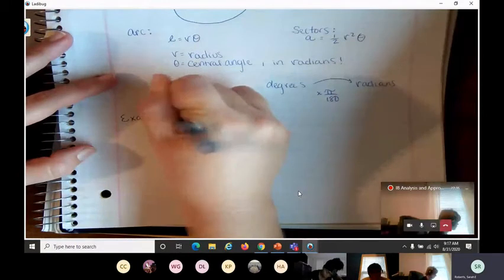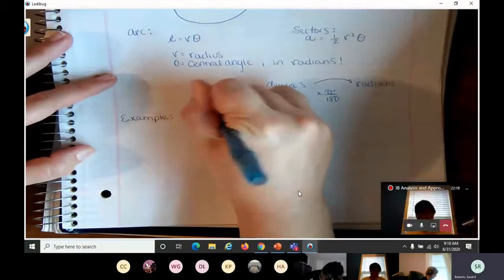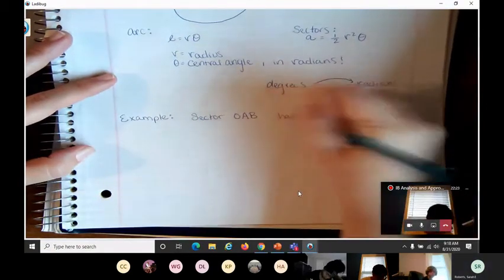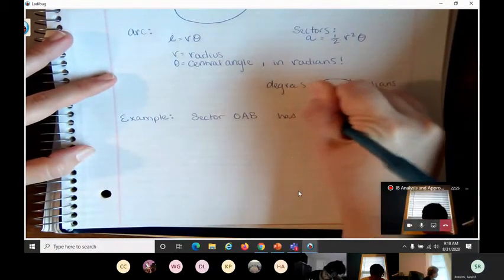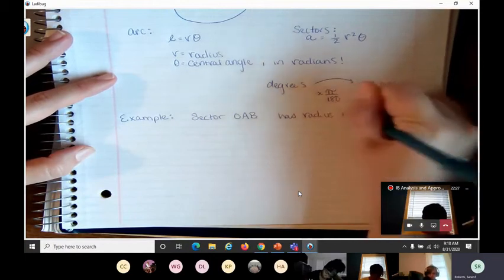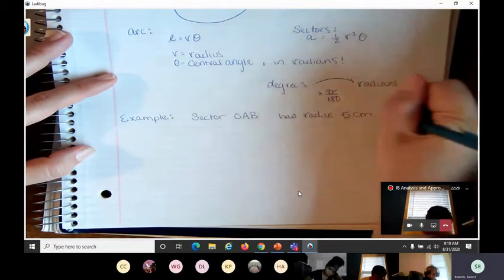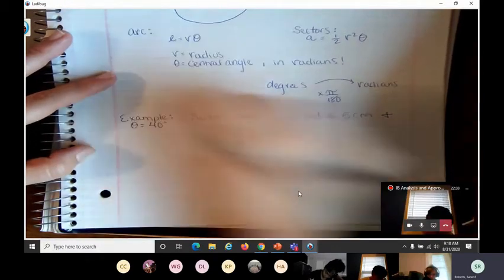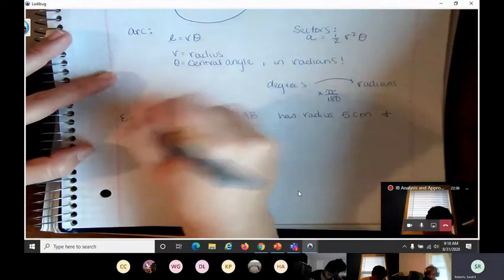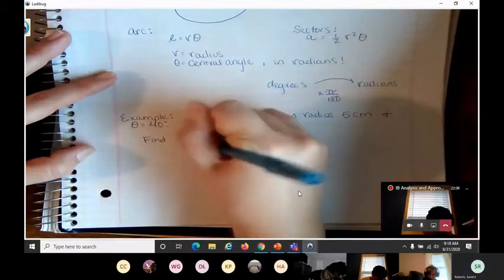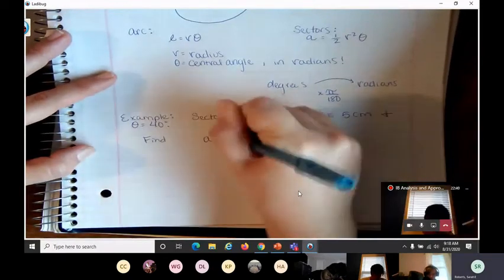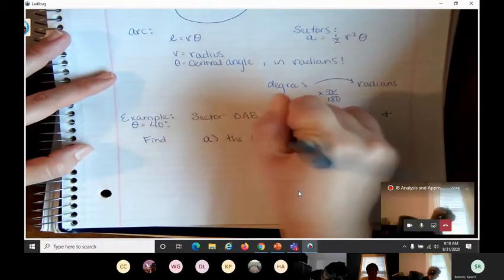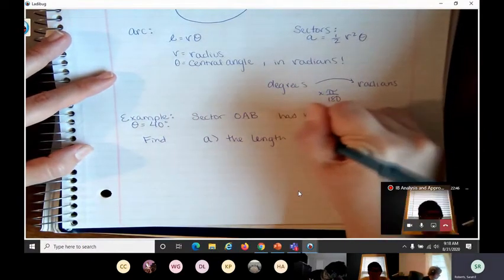Okay, so I'm going to give you sector OAB has radius 5 centimeters and a central angle theta of 40 degrees. First, I want you to find the length of arc AB.